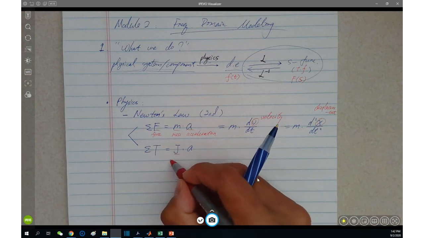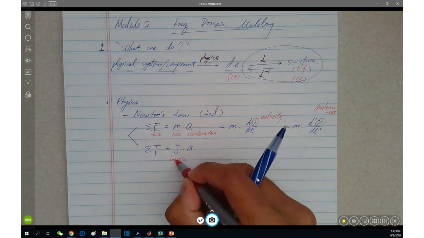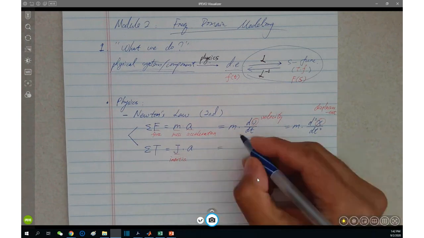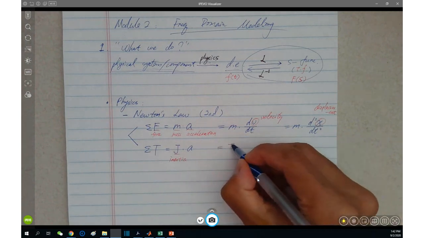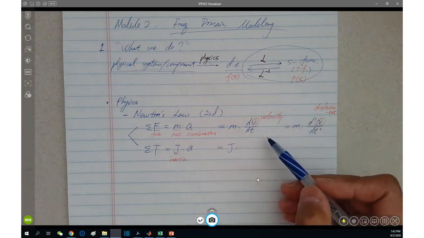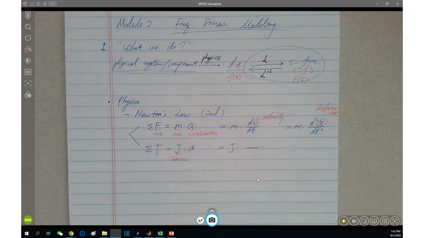Very good. And acceleration is not equal to the derivative of velocity anymore.